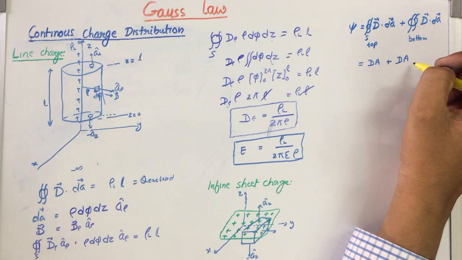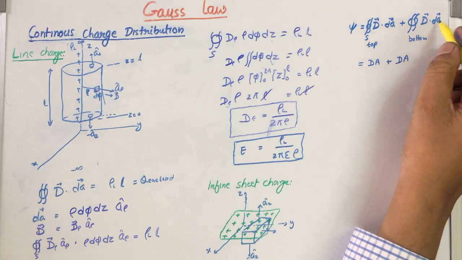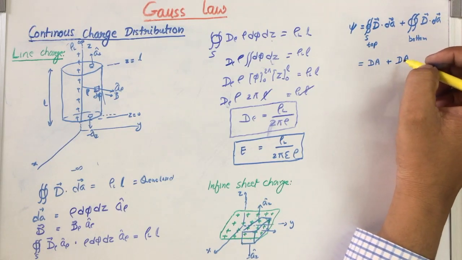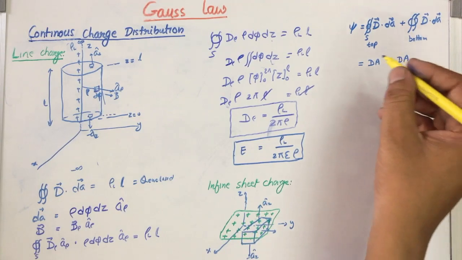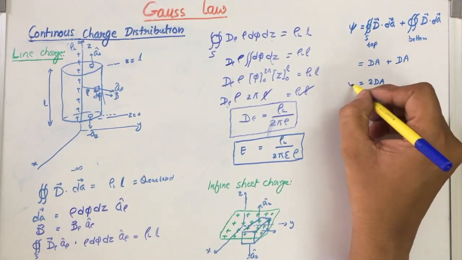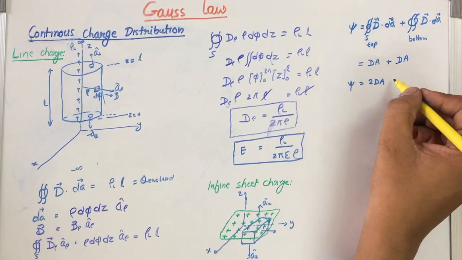Cos 0 will be 1, so it should be dA cos of the angle between these two, and the angle between these two is 0. So it should be dA. From here we can say 2DA will be the total flux.